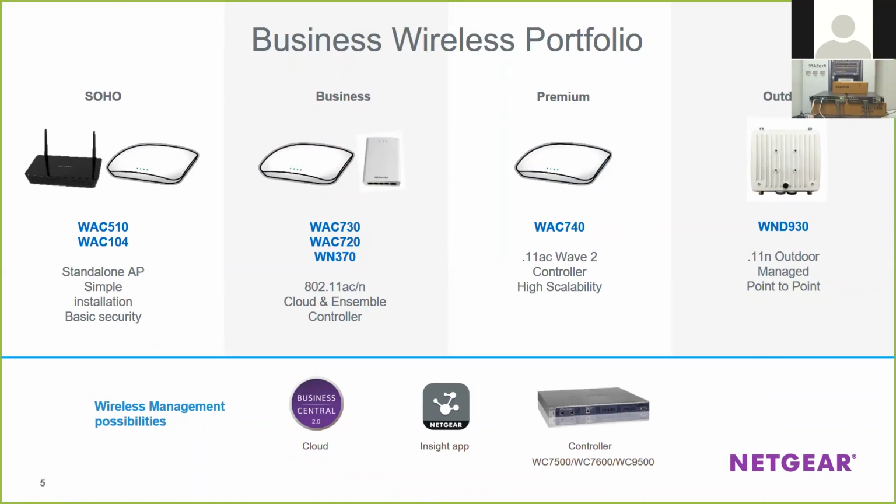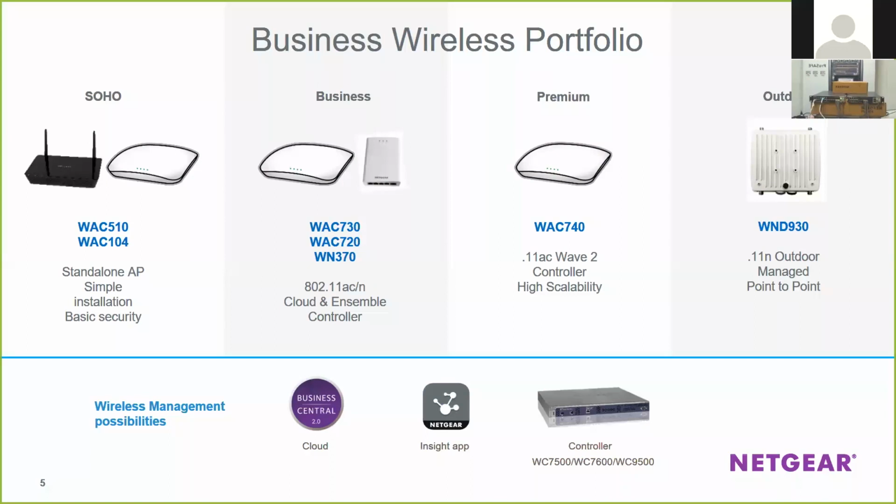So what does it mean? It means 802.11ac 4x4 Wave 2. It's designed for customers requiring ultra high density and superior performance. It comes with 2 Ethernet ports, and one of them is multi-gig Ethernet. That's what we are going to use in this demonstration today.